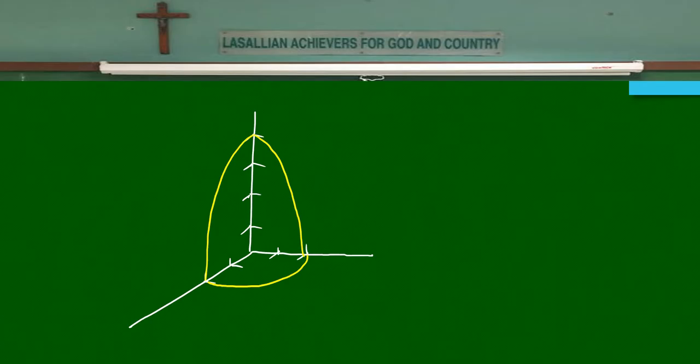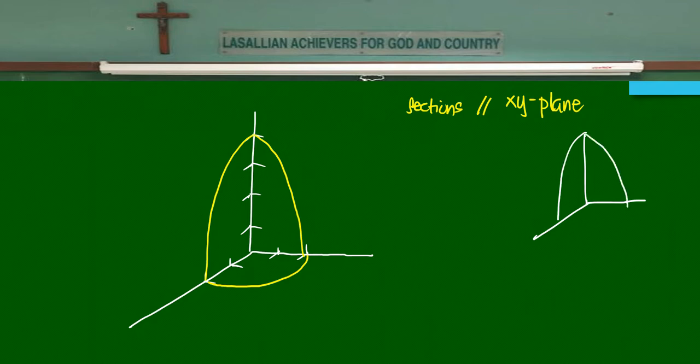So if, for example, I ask you to draw sections parallel to, let's say, the xy plane, what I do is this. I draw the three-dimensional figure. And since it's parallel to the xy plane, I can move along the z direction.